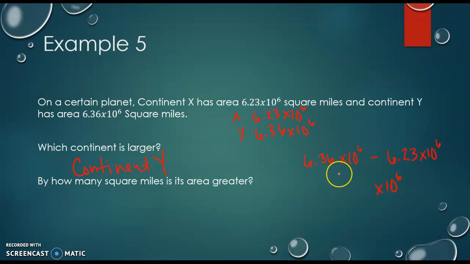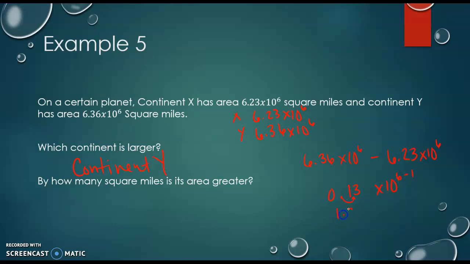All right, but I want this to be a whole number, not a negative, and so 6.36 minus 6.23 gives me 0.13 times 10 to the 6th power. Now, again, I don't have that single digit, so I've got to move to the right. Since I'm moving to the right, I'm going to subtract 1 from my exponent.